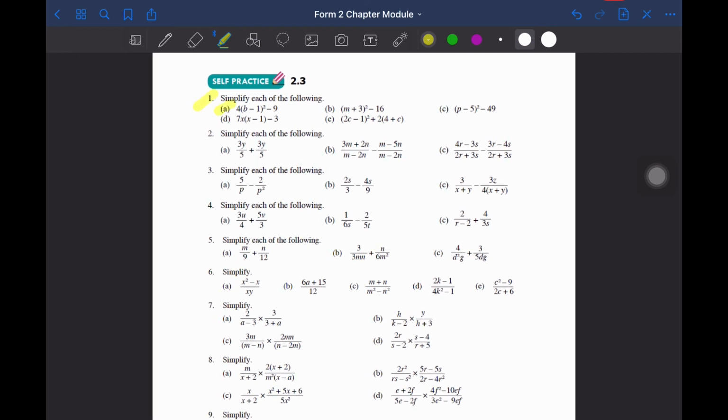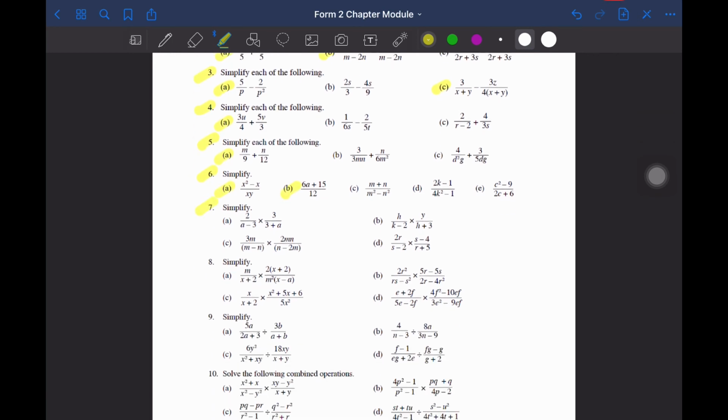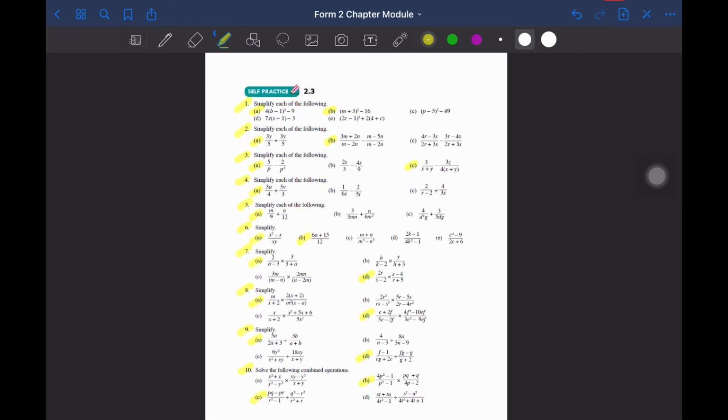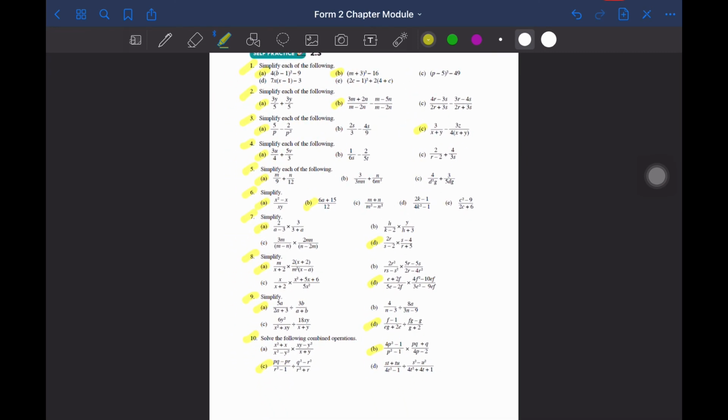Nombor 1 A, B. Nombor 2 A, B. Nombor 3 A, C. Nombor 4 A. Nombor 5 A. Nombor 6 A, B. Nombor 7 A, D. 8 A, D. 9 A, D. 10 B, C. Okay, so nampak macam banyak tapi sebenarnya mudah saja kalau follow saya punya example.